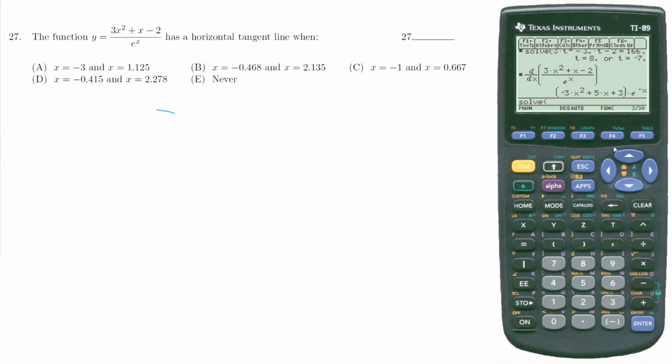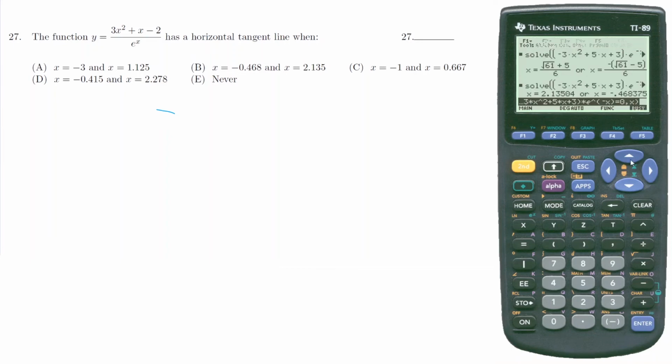So solve equals 0. Again, a bunch of tricks here, which will help you do the test faster. And these are the answers. So diamond enter. So 213, 135, and this one. So pretty much it's closer to B. It's closer to B. All right.